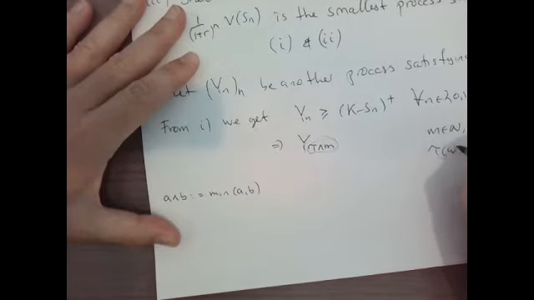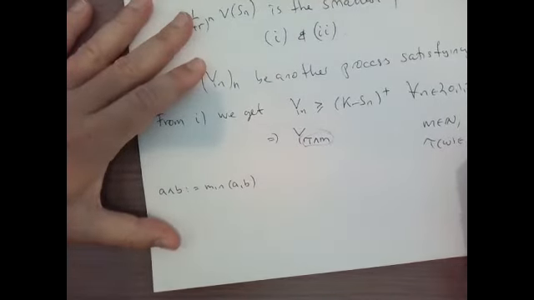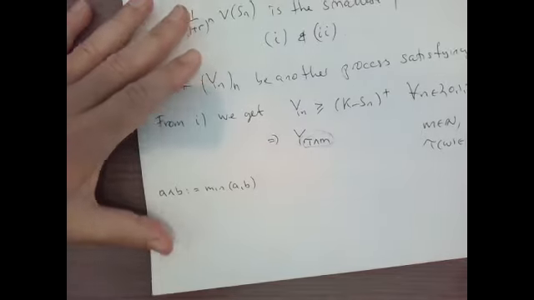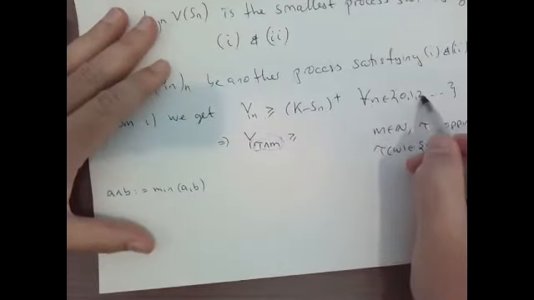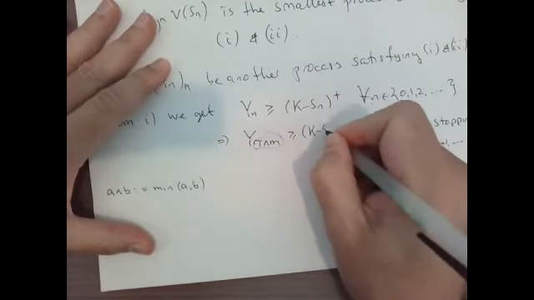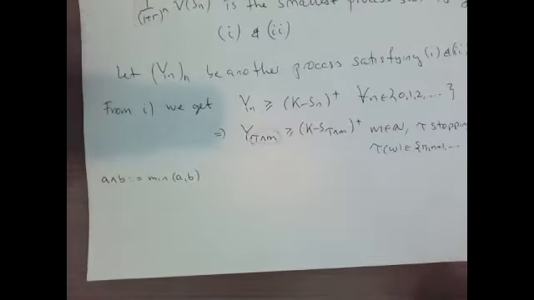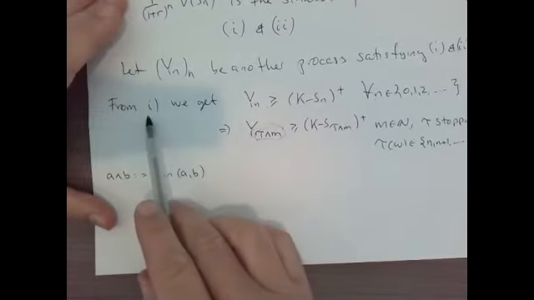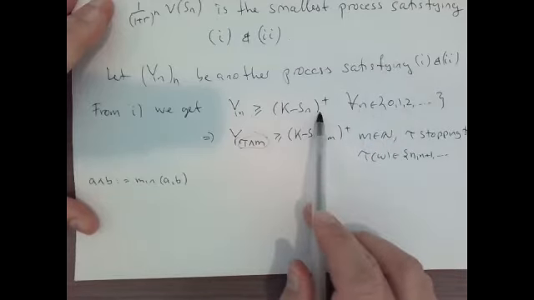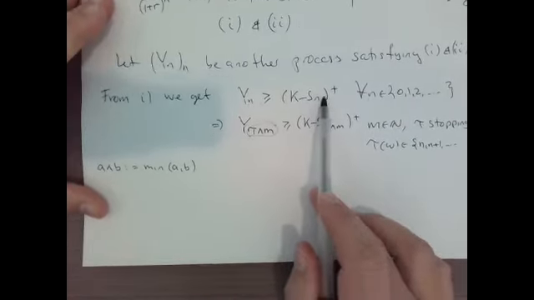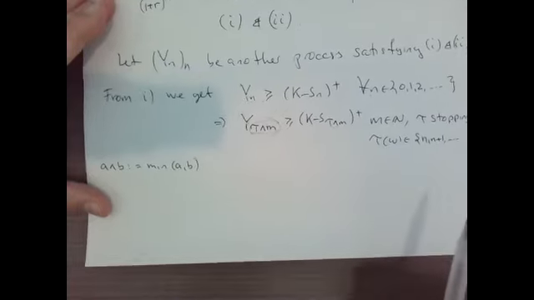Tau takes values in n, n+1, and so on. Because this is true for any n, it's going to be the case that this is going to be bigger than K minus S at tau min m, positive part. So this was the first property that we use. We take Y as another process that satisfies 1 and 2. Y dominates the hockey stick everywhere. In particular, if I stop Y, it's going to dominate the hockey stick evaluated at that random time.